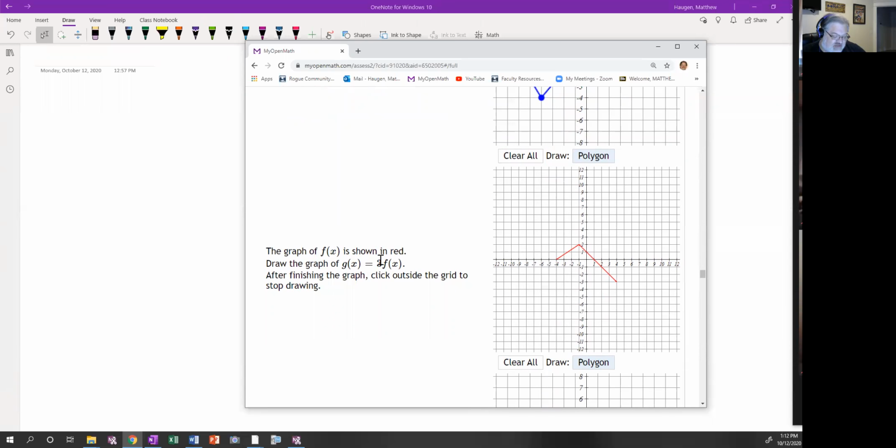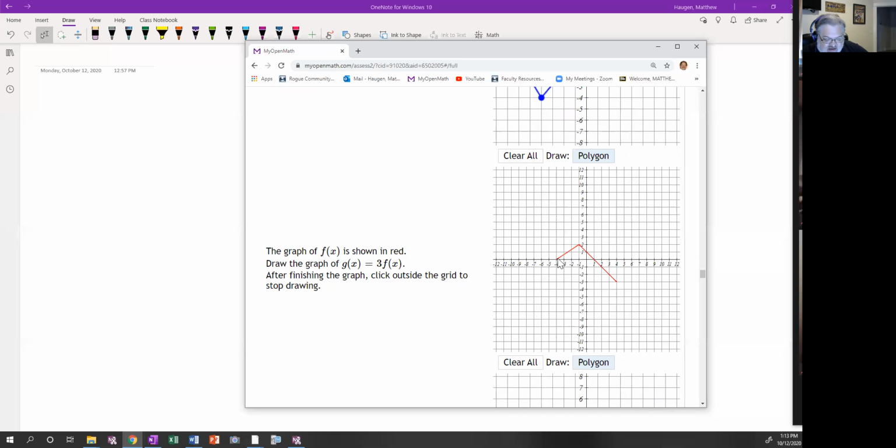Again, this 3 here, it's outside the function, so it's only affecting us up and down. So it's taking our y values, those function values, and multiplying them by 3. So the points at the zeros aren't going to change, but everything off of that is going to triple.